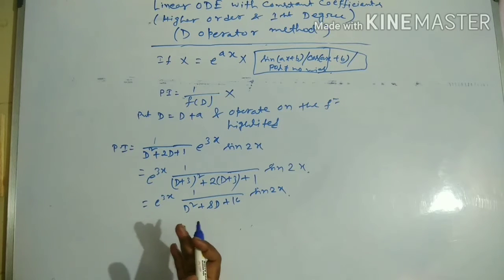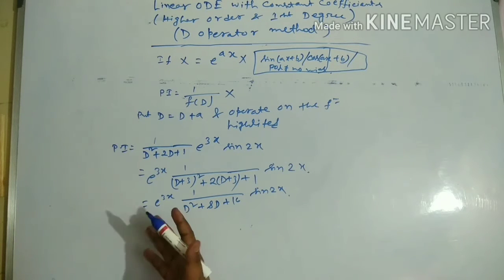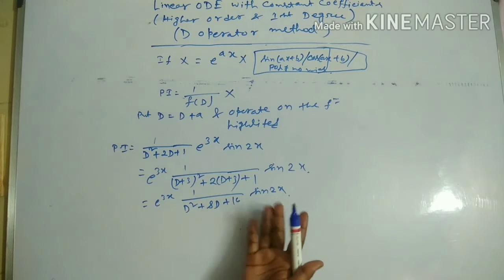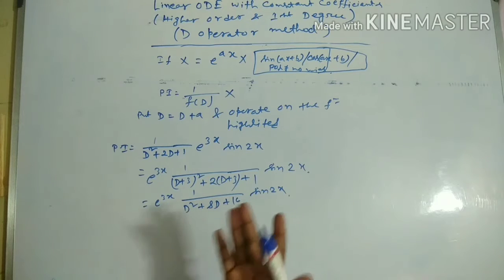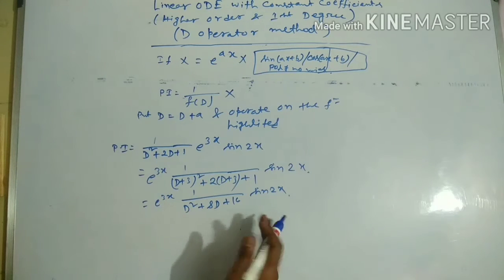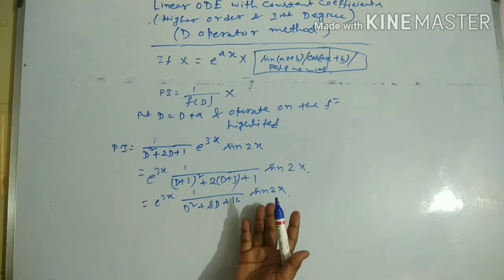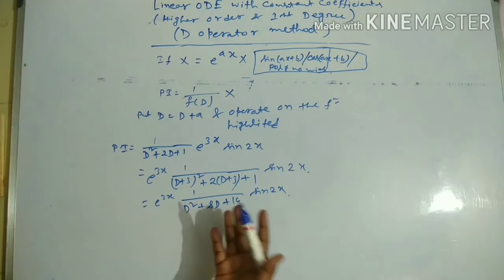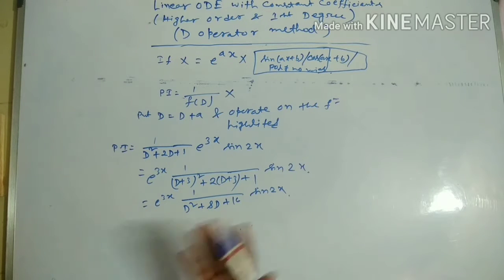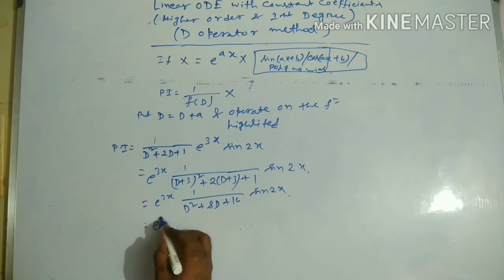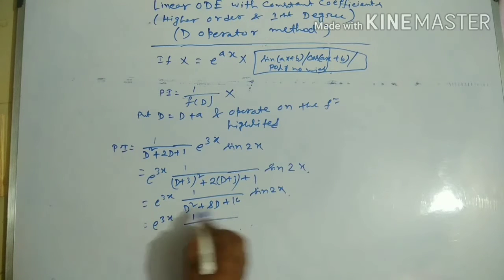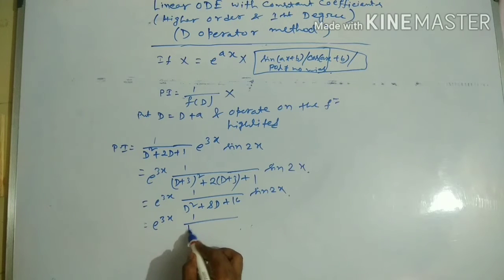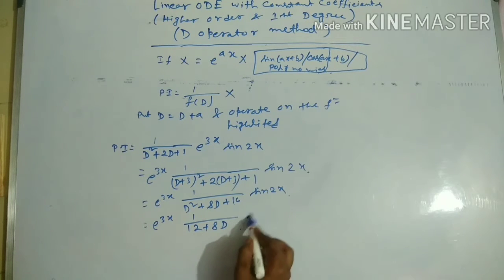So the exponential function, you will have to write this first, then operate only on the remaining function. Now it may be sine or cos or polynomial, you will have to apply the corresponding rule. In this case, you have to apply the rule for sine function, which I have discussed before. For sine or cos function, we have to put D square equal to minus a square. So here we have to put D square equal to minus 4. So minus 4 plus 16, that will be 12 plus 8D, sine 2x.